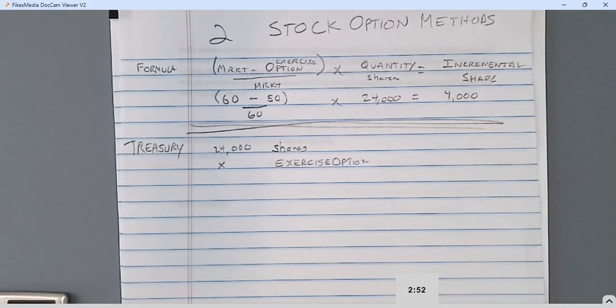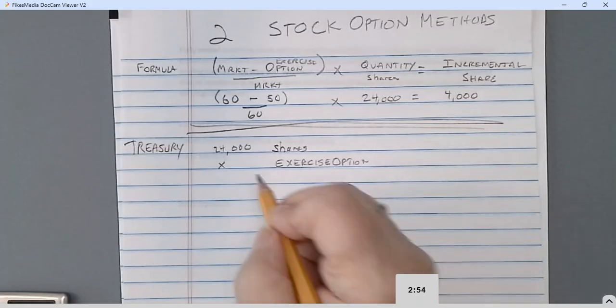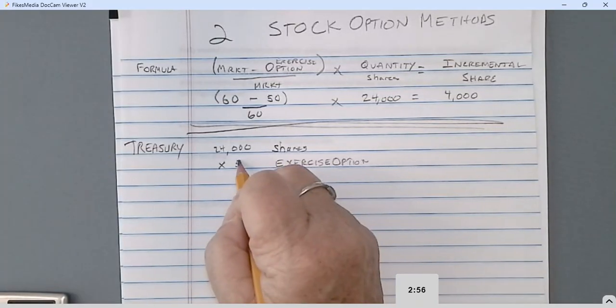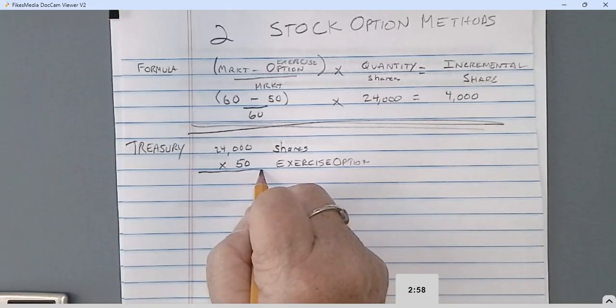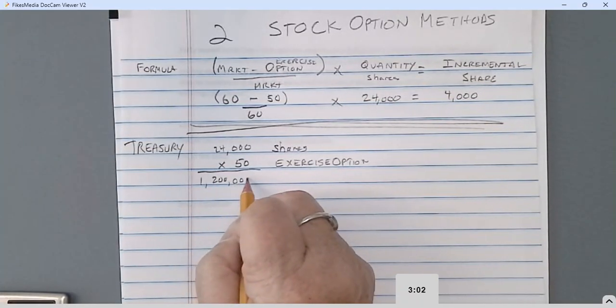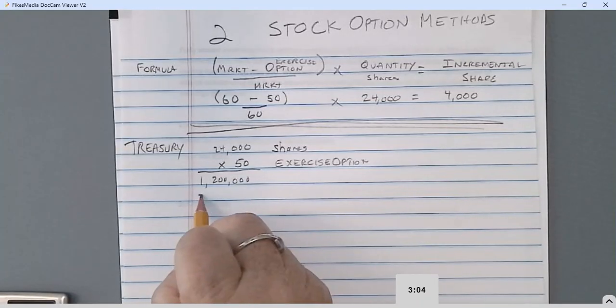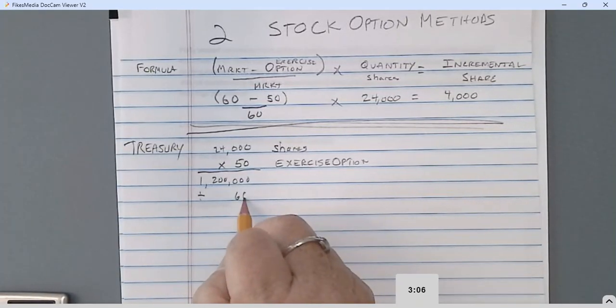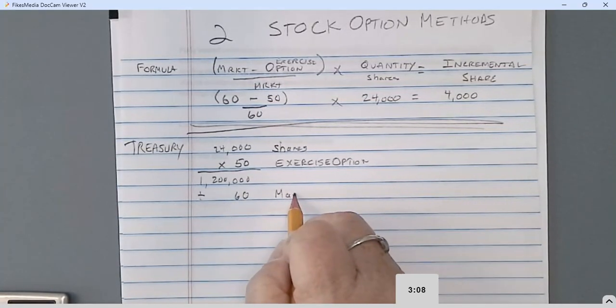We look for various words meaning that, and our exercise price was 50, so that's going to equal 1,200,000. That's going to be wonderful in your calculator. And then you divide that by 60, which is the market.